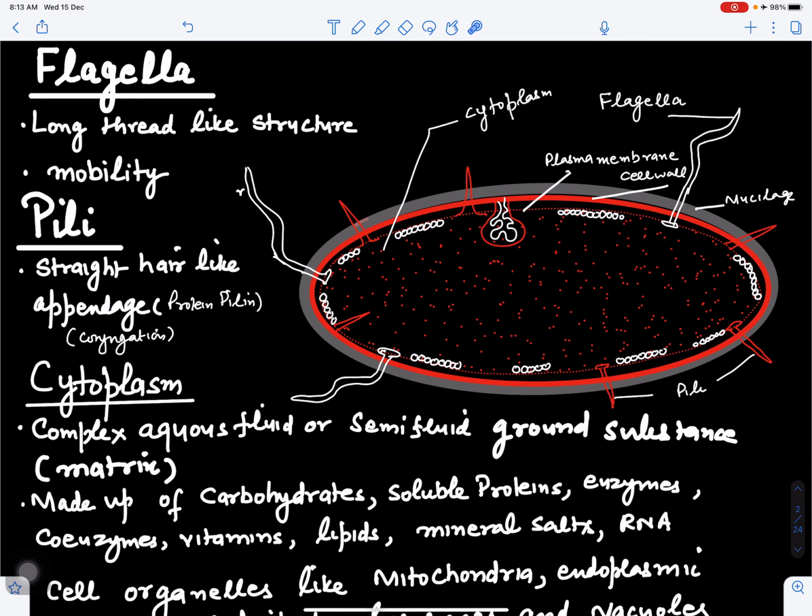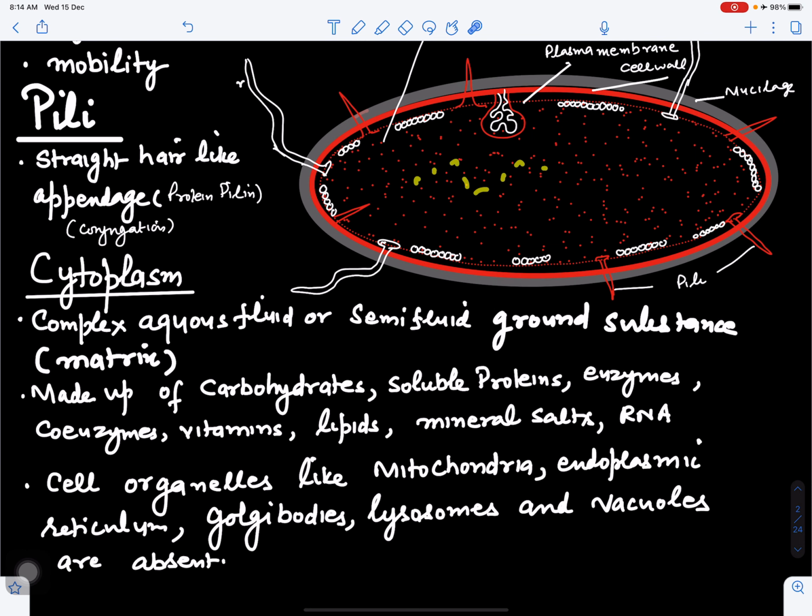Next is its internal granular substance. This is called cytoplasm. Basically, this cytoplasm is a complex aqueous fluid or semi-fluid in nature. This is also called the matrix of bacteria. It is made up of carbohydrates, soluble protein, enzymes, coenzymes, vitamins, lipids, mineral salts, and RNA.